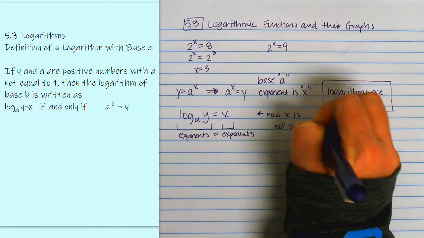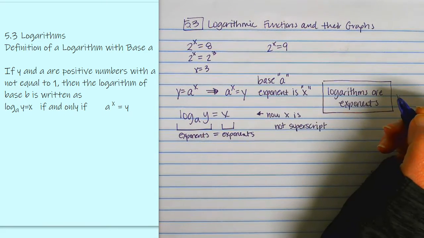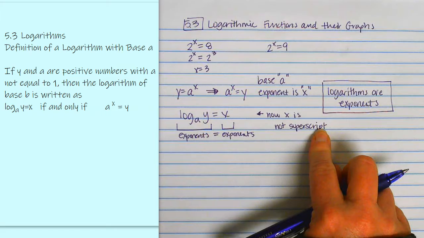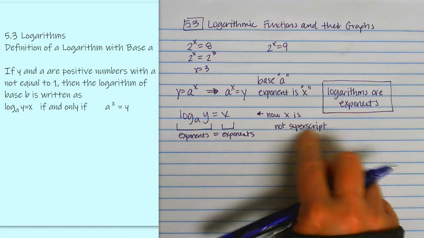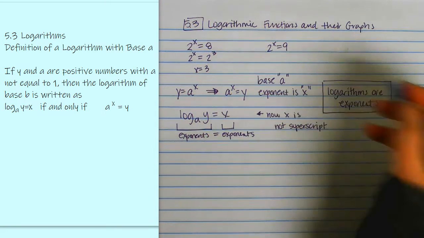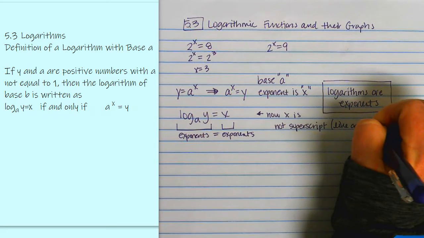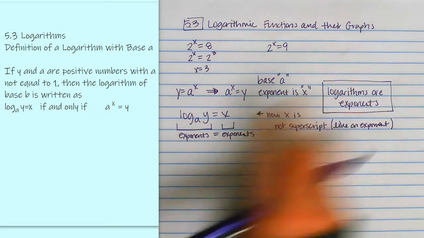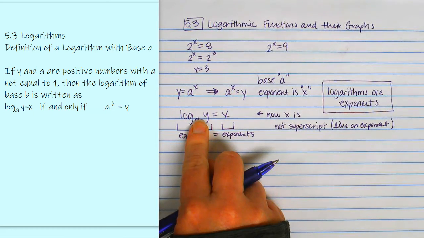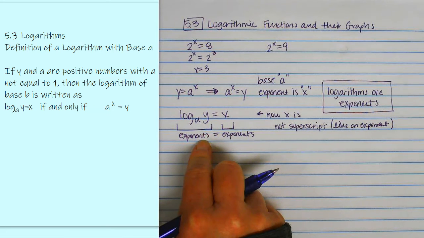It's not written as an exponent. It is an exponent, so that's why I'm saying superscript here. It's not written as superscript. And we have a way to mathematically write it and be able to solve for things. And we're going to look at properties of these logarithms, because they're exponents, soon.